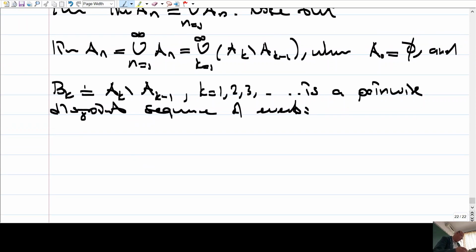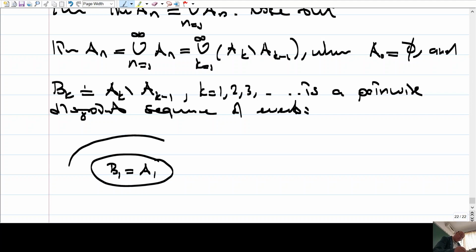Note that this is something like this. B1 is by definition A1 minus A0. A0 is just the empty set. So B1 and A1 are the same. Suppose it is this one. And then I have B2, which is A2 minus A1. So A1 is the set inside here.